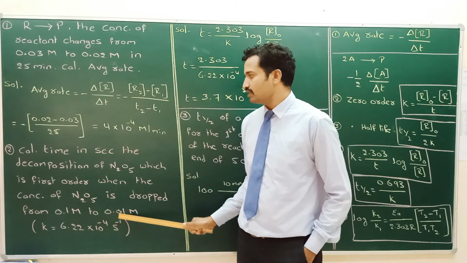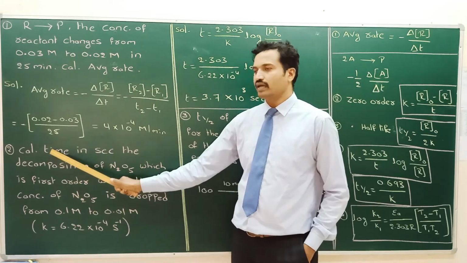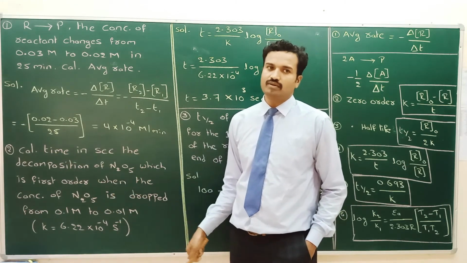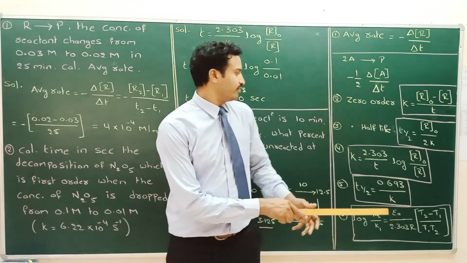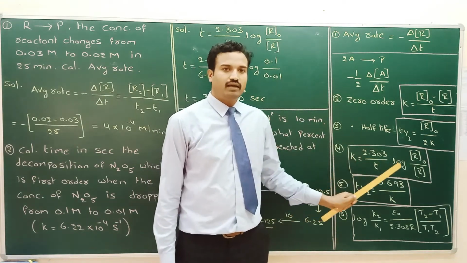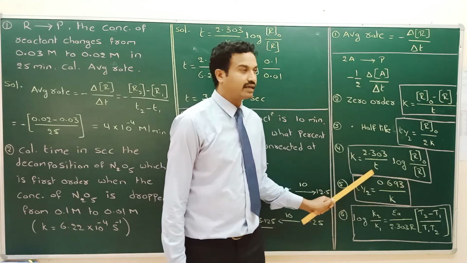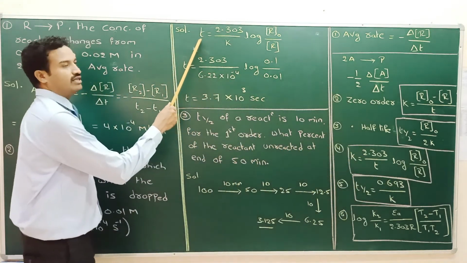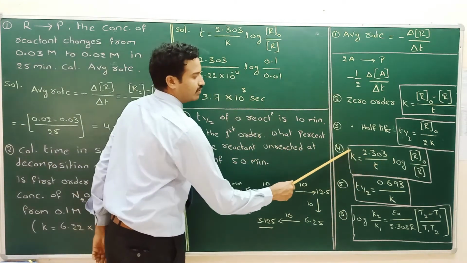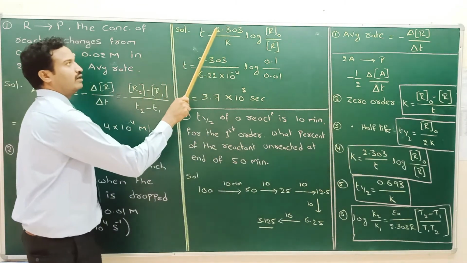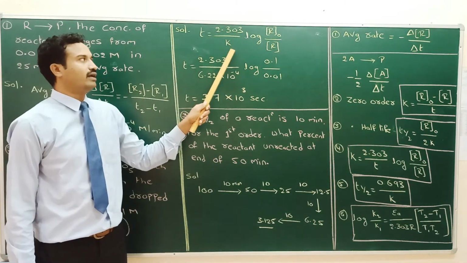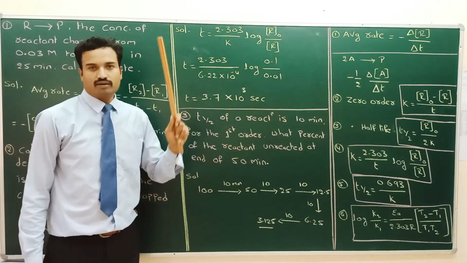So in the first order formula, K is equal to 2.303 by T log R naught by R. We need to calculate the time, so T is equal to 2.303 by K log R naught by R.